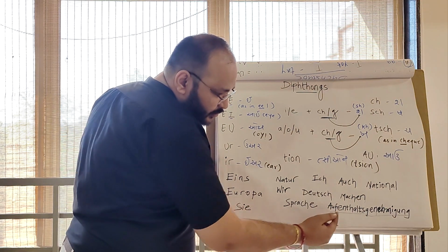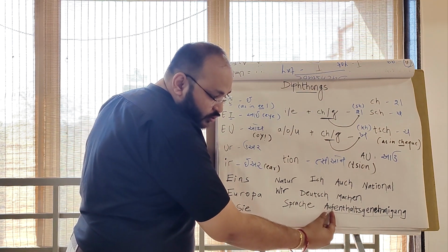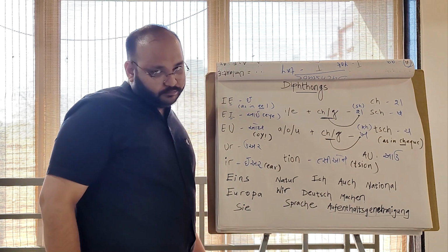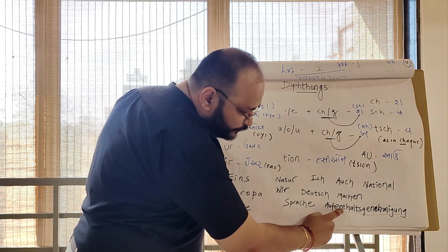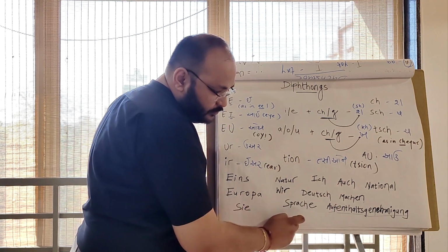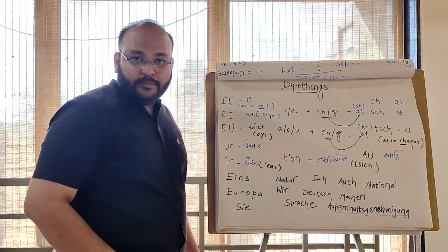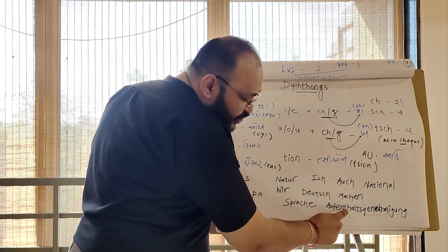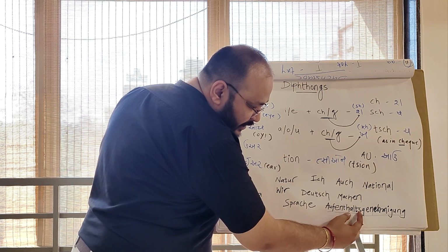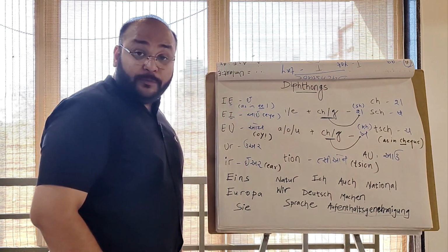So here, AUF: AU is au, so auf. Then E till T, end, so aufend. H till S, Hals, so Aufenthalts.